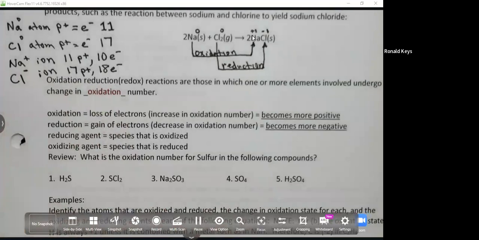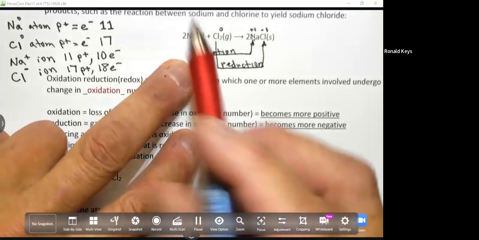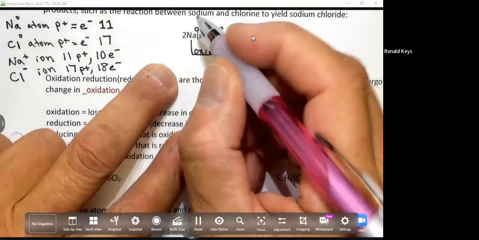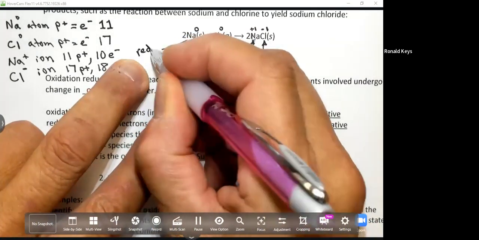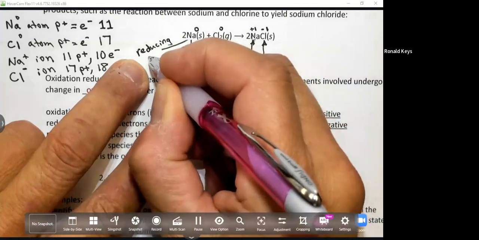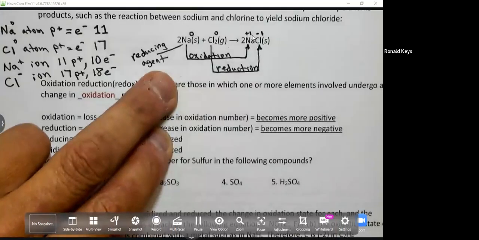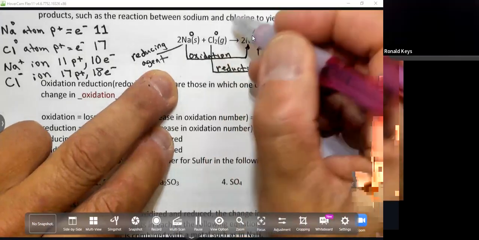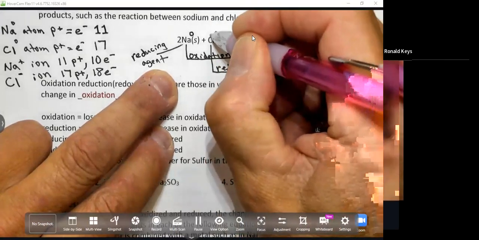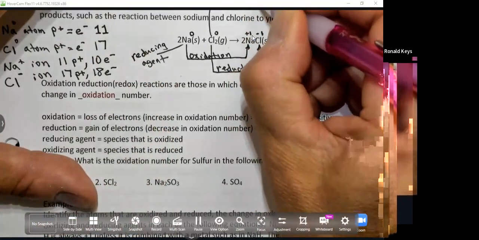Whatever undergoes oxidation is the reducing agent, the exact opposite. And whatever is undergoing reduction is the oxidizing agent.